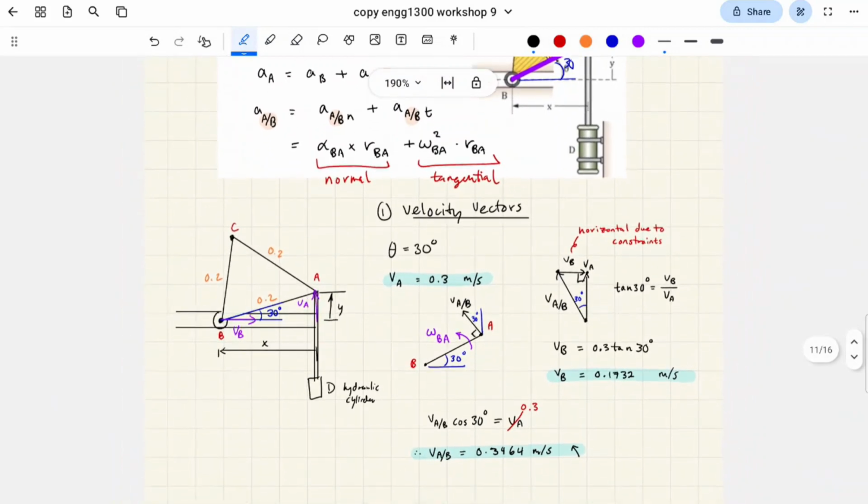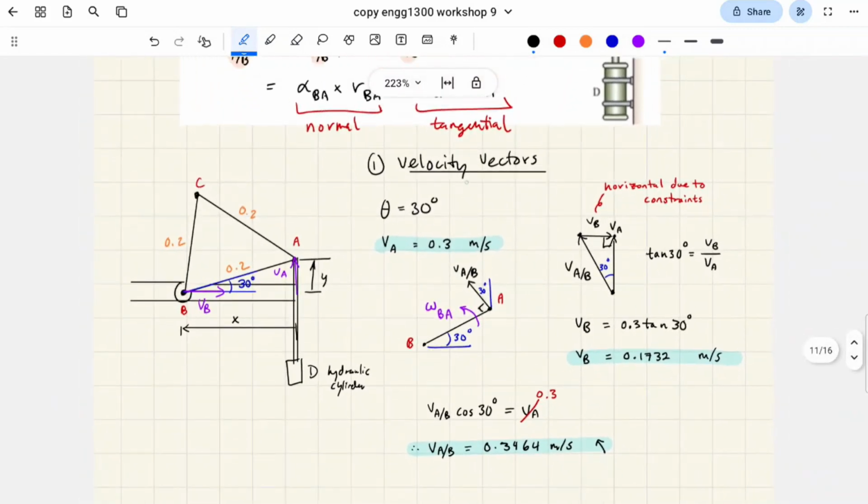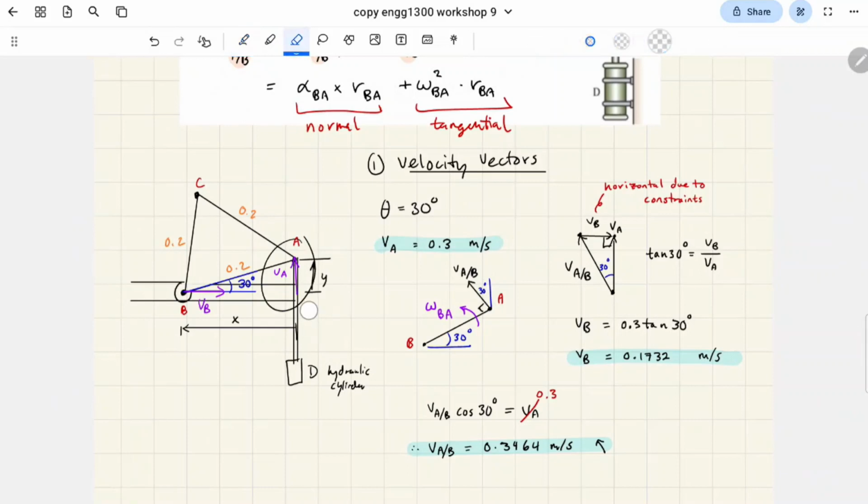So for people copying this down, yeah, sorry, I'm not really going to have time to let this sink in, actually I'll go through it briefly. So yeah, we know that the angle is 30 degrees, right? We're given that in the question. So at that snapshot in time, VA is 0.3, and we were given that because of what we know about how the cylinder is constantly going up at 0.3.